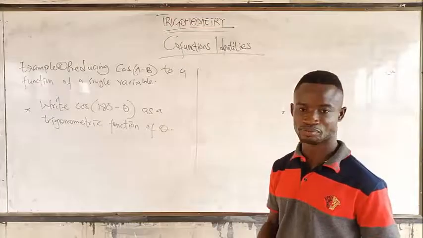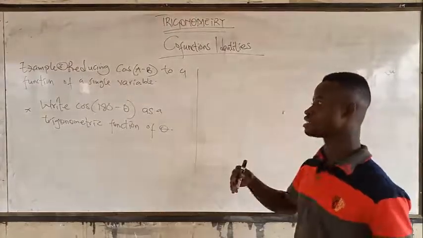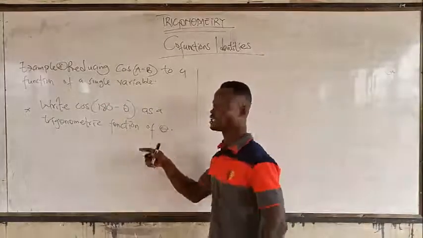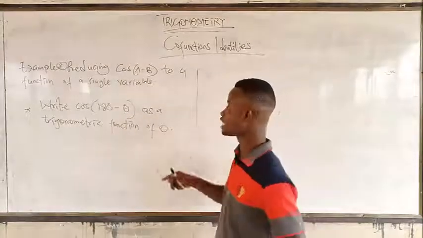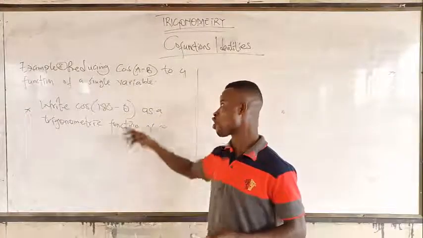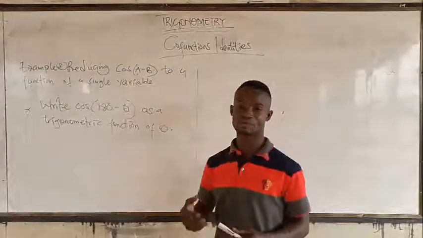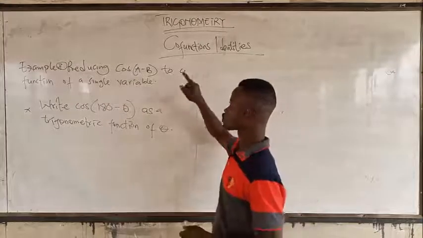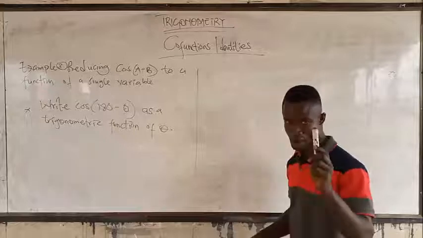Bear in mind that the one that we did in the second example was negative minus theta, but this is 180 minus theta, so they are not the same, right? So the identity for 180 minus theta is going to be different from negative minus theta.